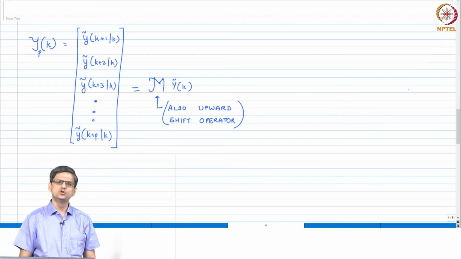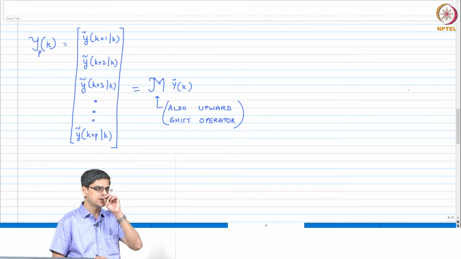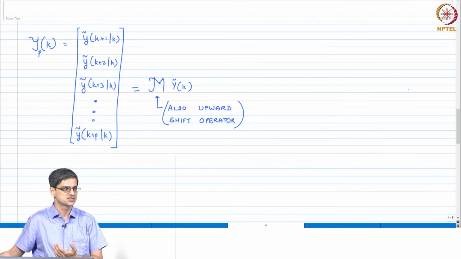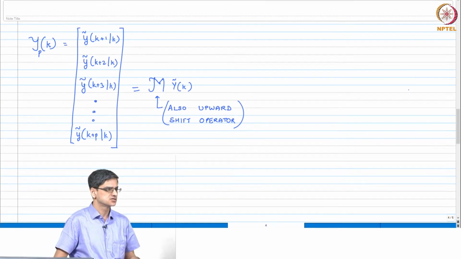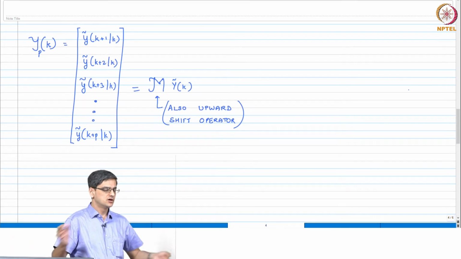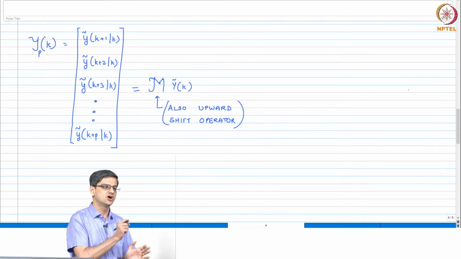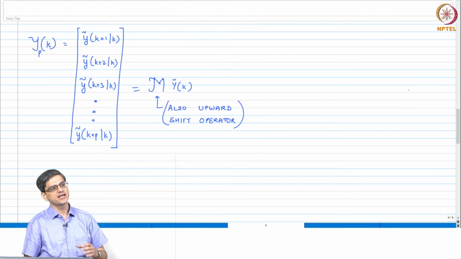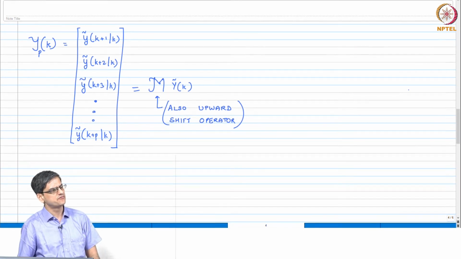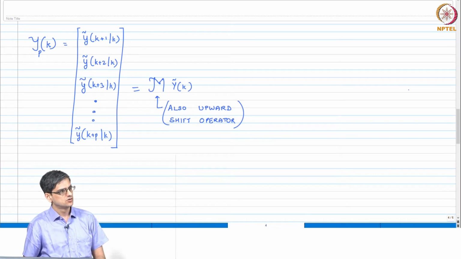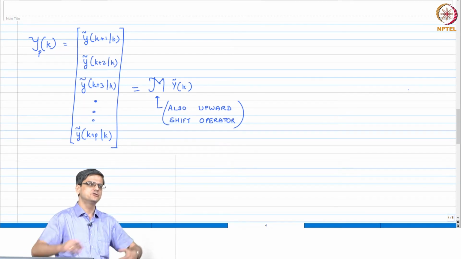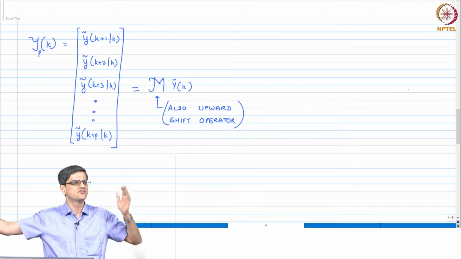Last point I only mentioned for sake of completeness. Usually it is only used if, for example, there is one extremely fast part of the system and one extremely slow part of the system, then only for the slow part it gets used. But usually if you take n large enough, in your assignment problem I took it small because I wanted you to do it by hand, but otherwise you take n to be approximately 25 to 50. Your p value is usually lesser than n. Why would you predict after the effect of your inputs have all vanished?